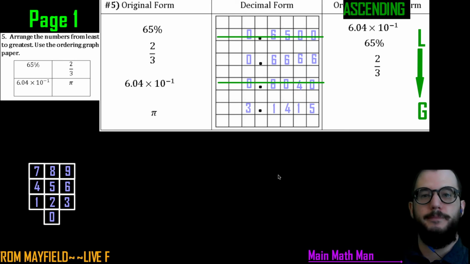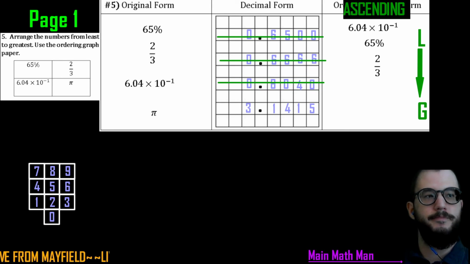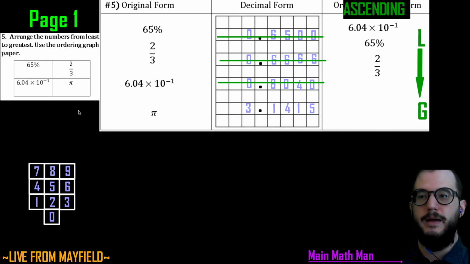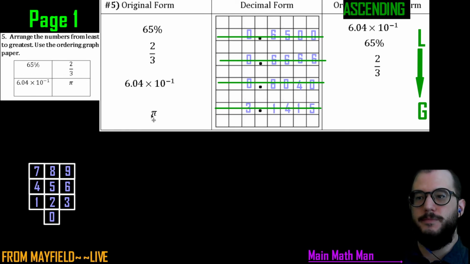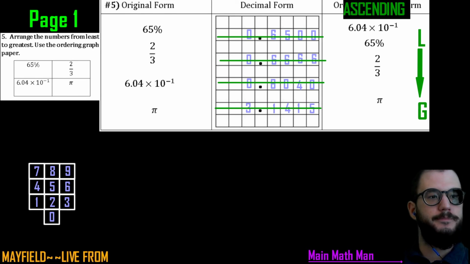And so we say, all right, we have our 2/3, we used it. And now I have my pi remaining, and so I'm going to have that one as my greatest value. So again, from least to greatest, you have your order of values. Make sure you are ordering those carefully.